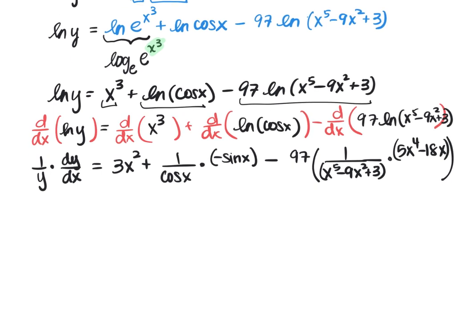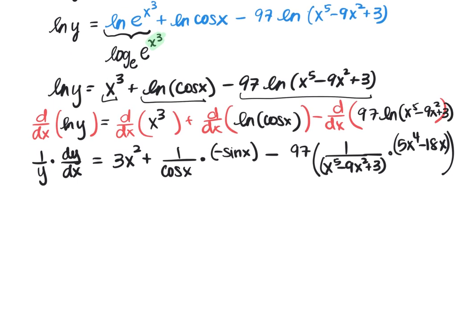So I'm going to go ahead and clean up what I have here on the right-hand side. So 1 over y times dy/dx will equal 3x squared. Then we have minus sine of x over cosine of x. Now, if you would prefer to simplify that right now, you certainly may. Sine of x divided by cosine of x is tangent of x.